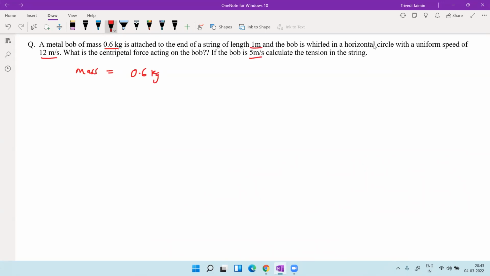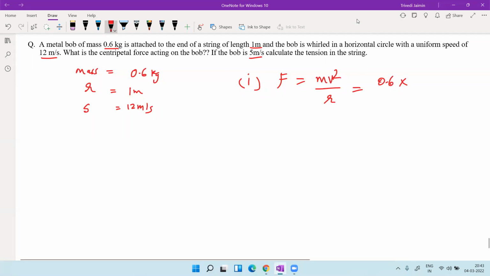Okay, mass of the bob is 0.6. This thing is given, right? Then the length of the string, we can take as the radius r, 1 meter. Then speed is given, 12 meters per second. So let's find first F equals mv square by r. So you got the answer?